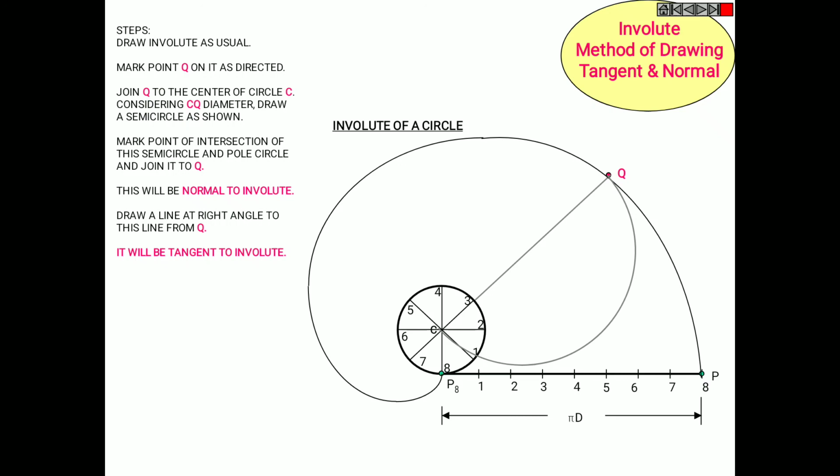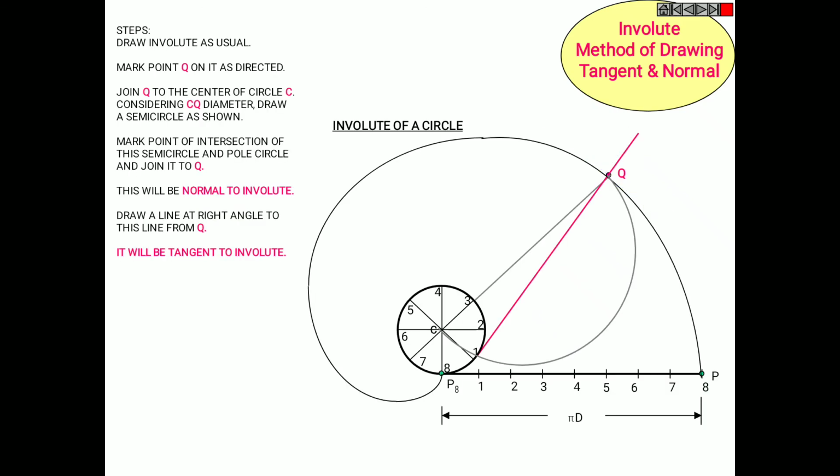Now mark the point of intersection of this semicircle and the pole circle and join it to Q. So this will be the normal to the involute, and draw a line at right angle to this line, a 90 degrees line, in order to obtain your required tangent. So this is your tangent, the blue colored line is your tangent and the pink colored line is your normal. Is it clear? Or shall we see it again?